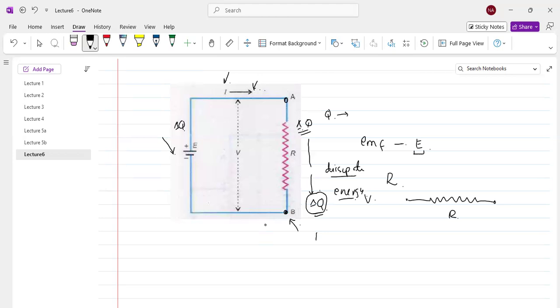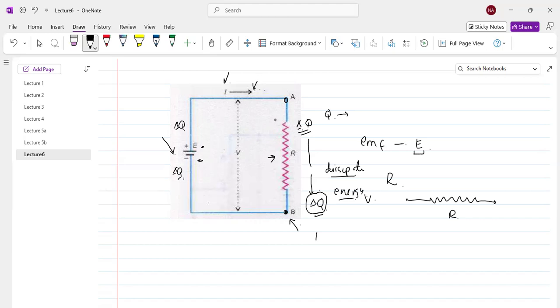What does the battery do? Then again the battery takes this delta Q charge from its negative terminal end to the positive terminal end, meaning from low potential to high potential. And the same amount of energy which is utilized by this charge delta Q in passing through the resistor is again given to the charge in moving the charge delta Q from the low potential end to the high potential end.